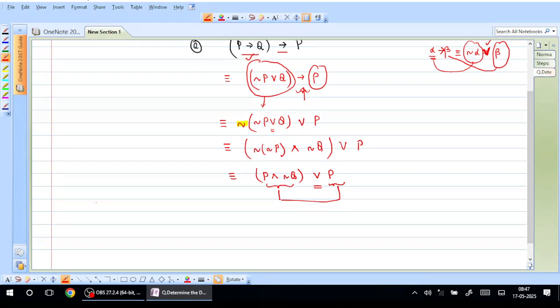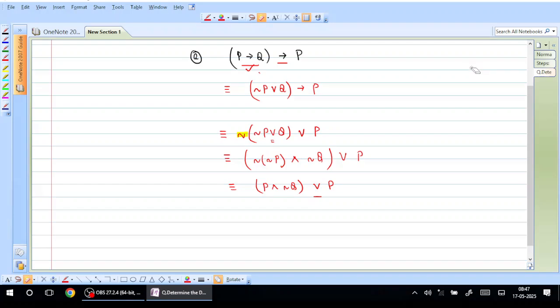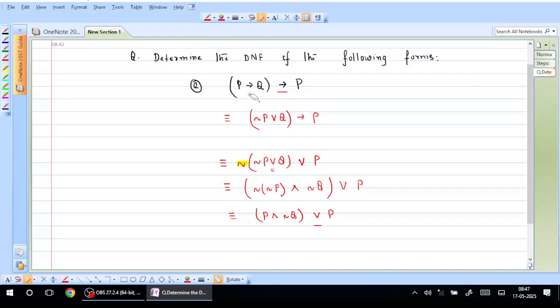So this is my complete reduction, and we have done. I got my answer, right? Similarly, I will solve some more problems.